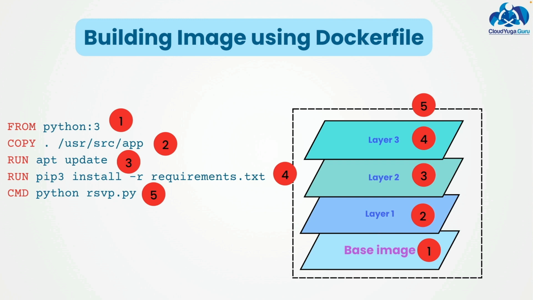Now, every time whenever Docker is executing this build process, at every step it is going to create a container from the previous step. Like in this case, it is going to create a container from the base image, then perform the step of the copy instructions, and then commit that container and make a new layer out of it.